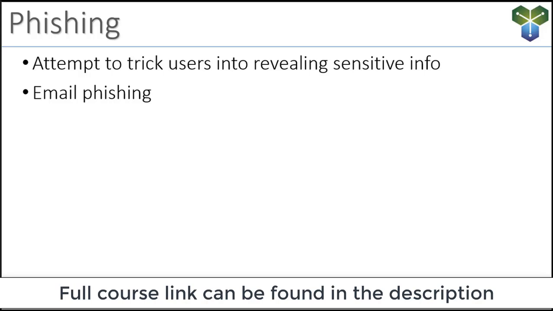And that's the most common type of phishing attack, where an attacker sends a fraudulent email. So maybe the email looks like it's from your bank, and it asks you to click on a link to verify your account information. And when you click on it, it asks for your username or account number or something like that. That's email phishing. And that's the most common type of phishing.